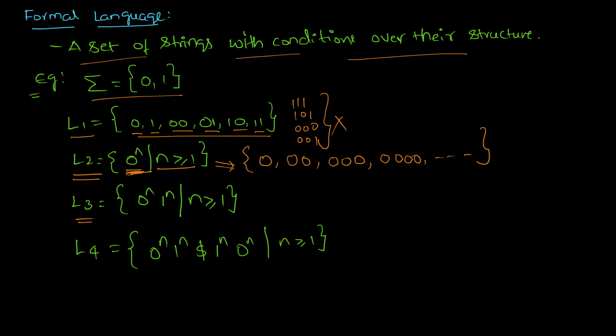Let's consider L3. L3 states that all the strings of the form of the pattern 0 power n followed by 1 power n, where n is greater than or equal to 1, are in this language, like 01, 0011, 000111, and so on.